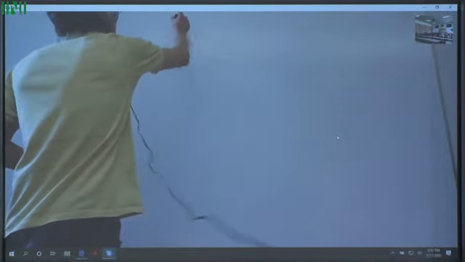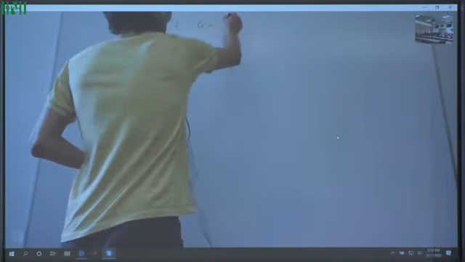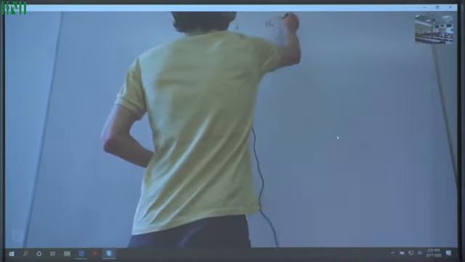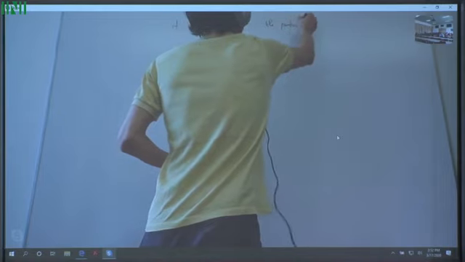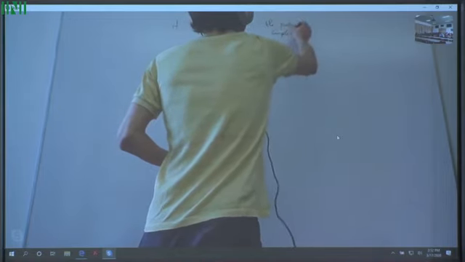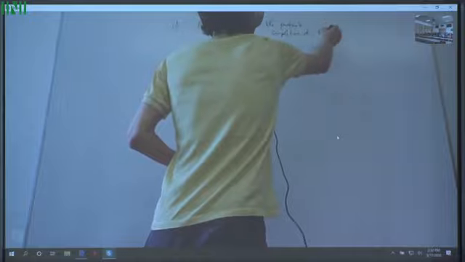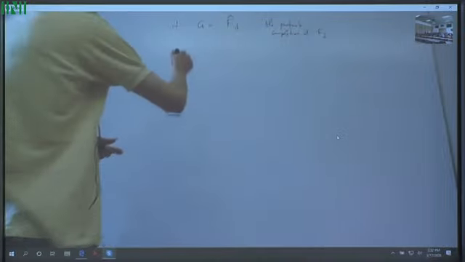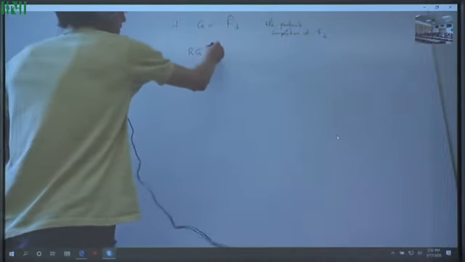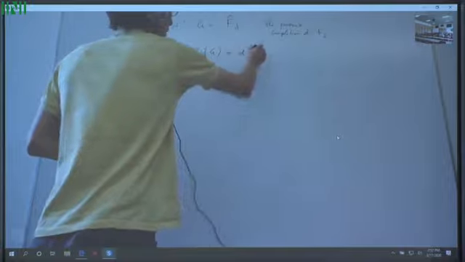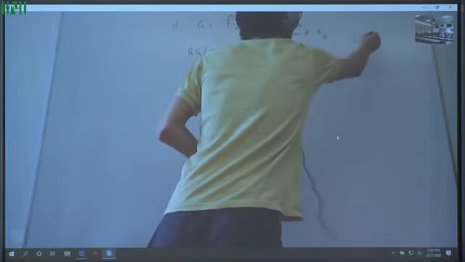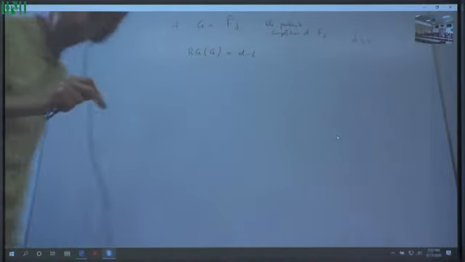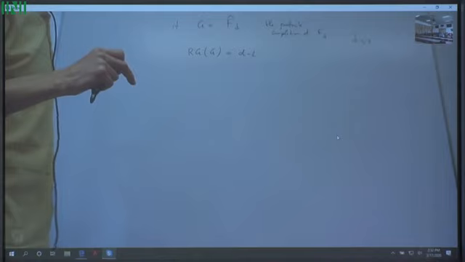If G is F_d hat, the profinite completion of the free group on d generators, then because the rank gradient of G is d minus 1, if d is more than 1, we have an example of a group of positive rank gradient.